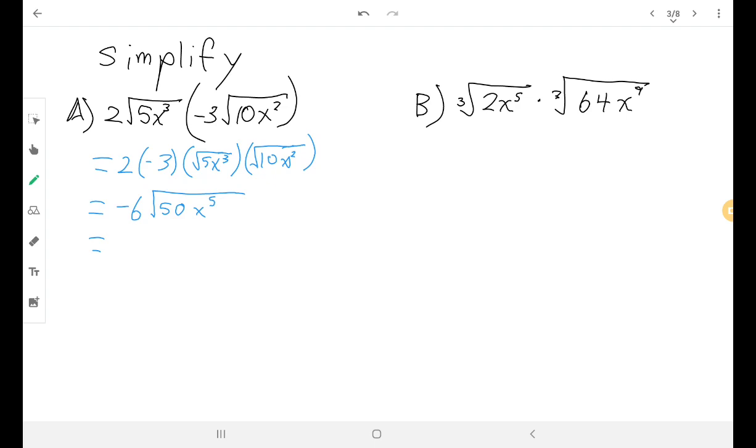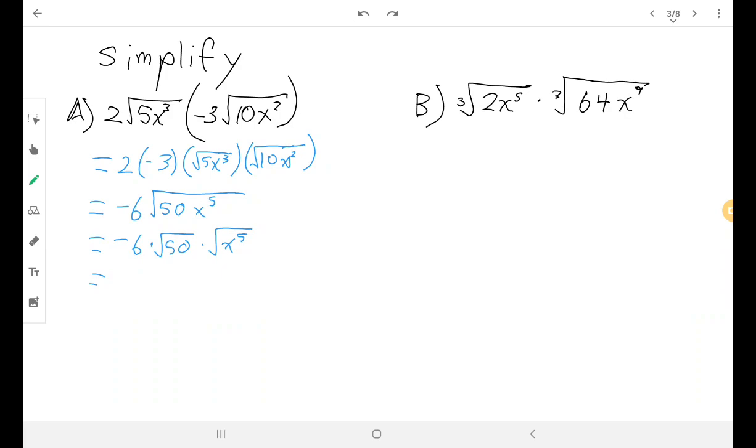So then that's -6 times the square root of 50 times the square root of x to the 5th. We've got to figure out what to do with this 50, and we'll explore that.